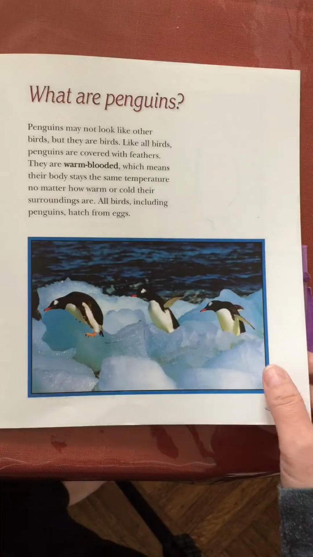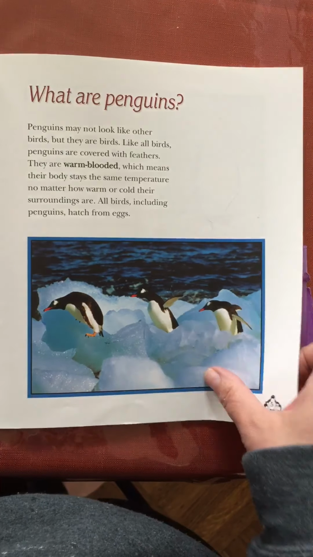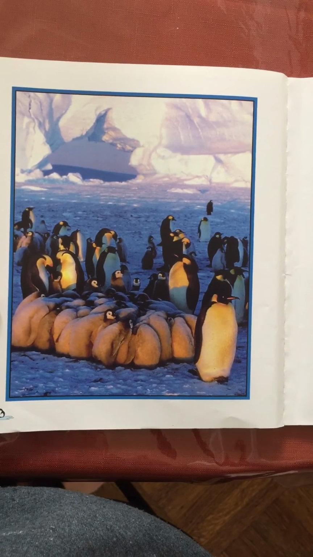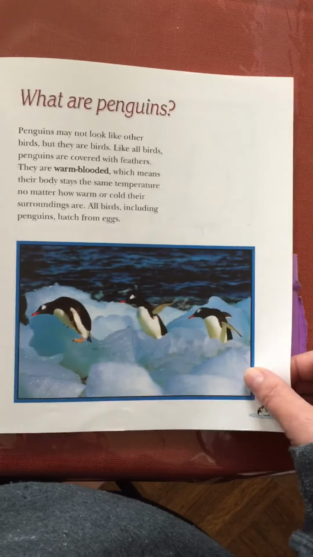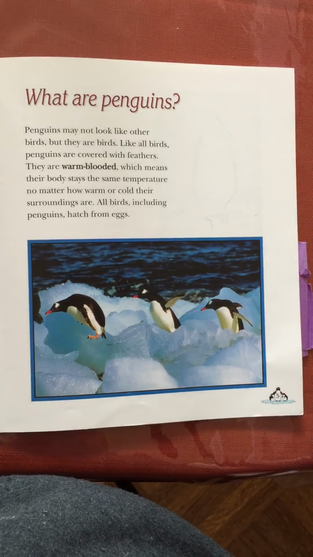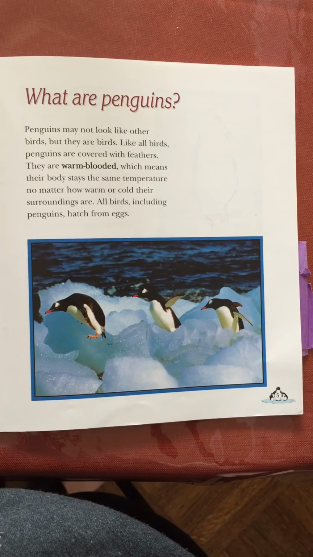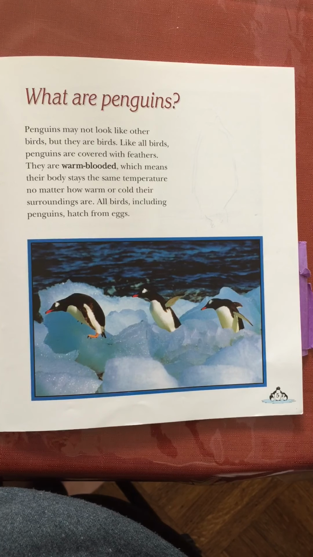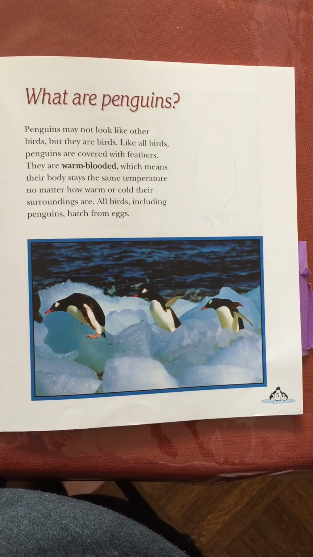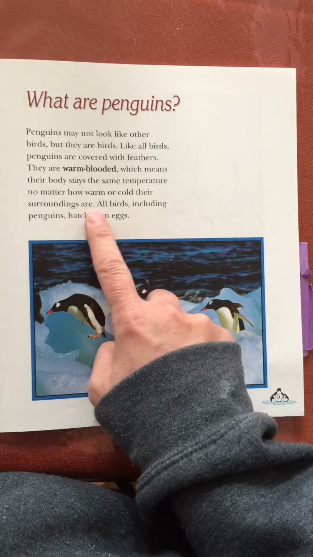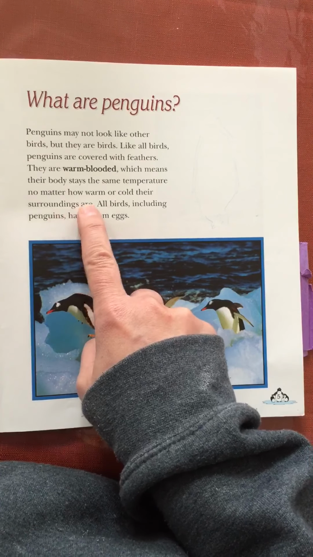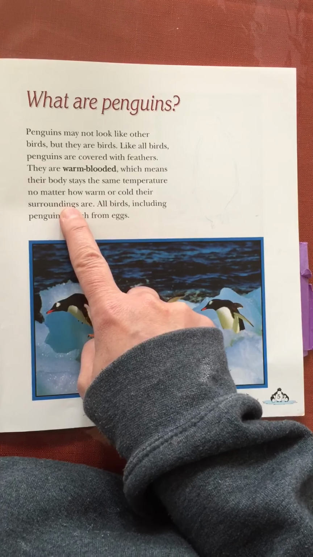Let's take a look at this page. What are penguins? Penguins may not look like other birds, but they are birds. Like all birds, penguins are covered with feathers. They are warm-blooded, which means their body stays the same temperature no matter how warm or cold their surroundings are.